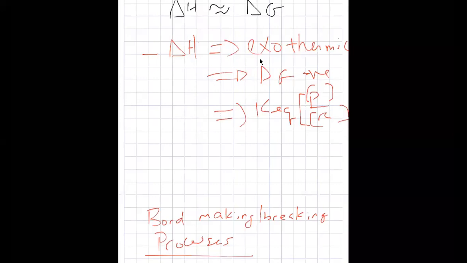So KEQ is going to be greater than 0, right? So all that information we can derive from delta H, calculating delta H. We can derive the delta G, we can derive whether it's exothermic or endothermic, and we can derive the KEQ.